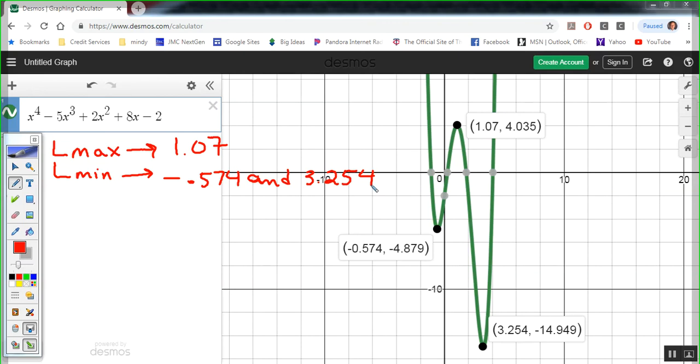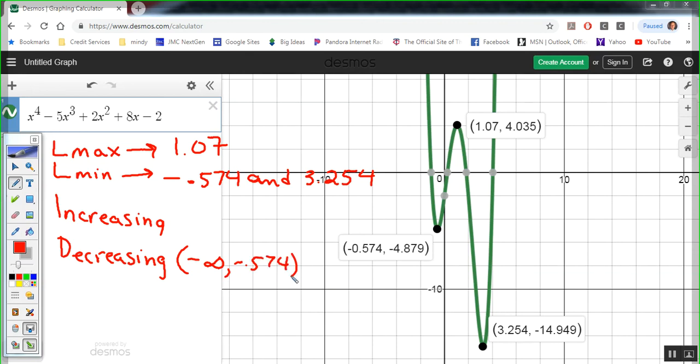Okay. Let's talk about increasing, decreasing. So let's start on the far left. Guys, is the graph increasing or decreasing to this first turning point? It's decreasing. So it's decreasing from negative infinity up to what point? So one way I can denote that is negative infinity to negative 0.574. Okay, and then from negative 0.574 up to 1.07, what happens? It's increasing. So I would put negative 0.574 to 1.07.